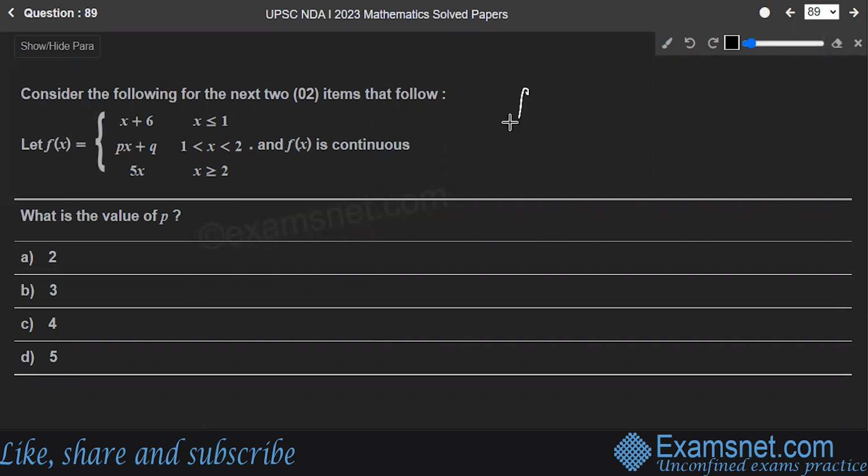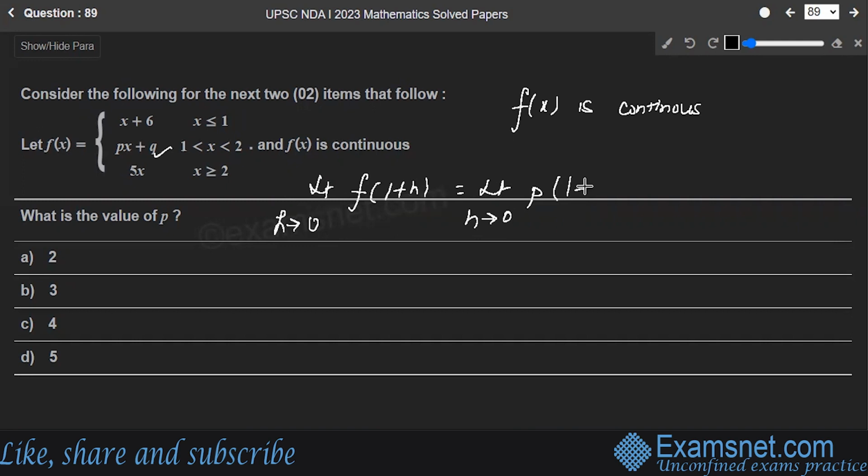Since it's given that fx is continuous, therefore limit h approaching 0, f of 1 plus h is equal to limit h approaching 0, p into 1 plus h plus q. This is equal to f of 1.